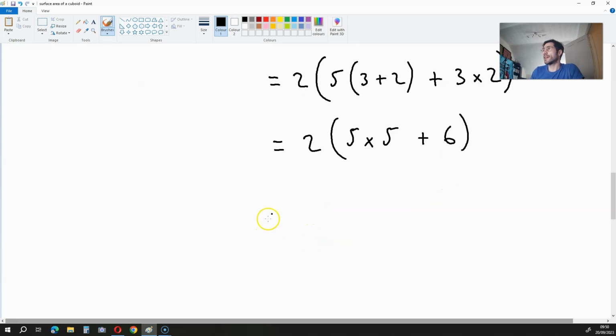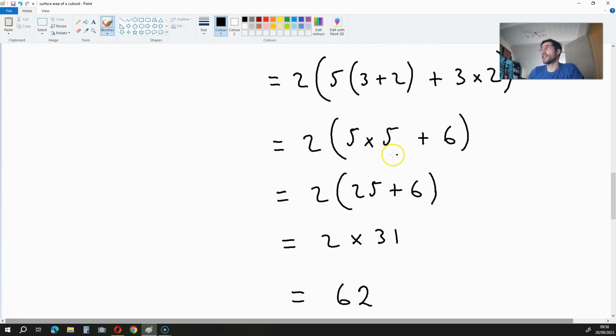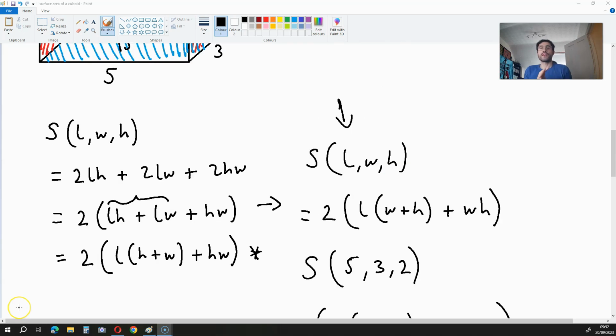Okay, and this is the same as 2 times 25 plus 6, okay, which is the same as 2 times 31. And 2 times 31 is 62. So it seems our formula has worked. So this is how to get the formula for the surface area of a cuboid from scratch.